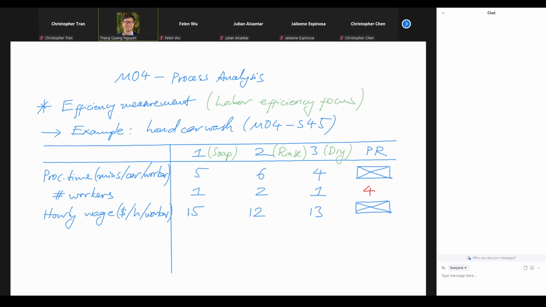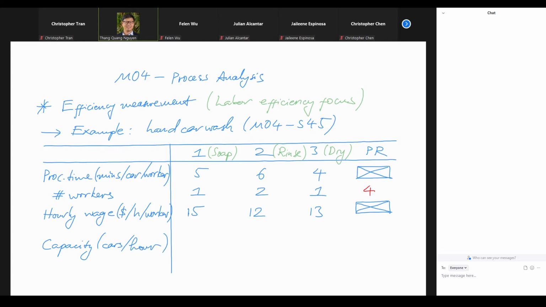So to find the bottleneck and the capacity of the process, we have to calculate the individual capacity of the resources first, right? So let me write out here. The next step is the capacity in terms of how many cars an hour.